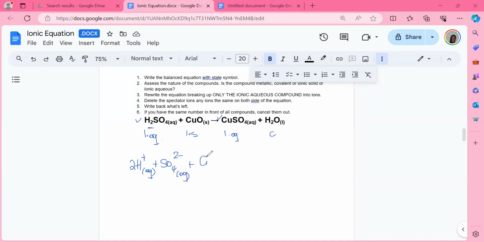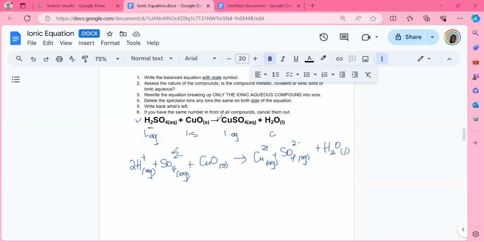And then it forms copper sulfate. I don't break up copper oxide because it's an ionic solid. I'm going to break up copper sulfate. This comprises 1 copper 2 plus ion and 1 SO4 2 minus ion. Water is covalent, so I rewrite water as is with its state symbol.